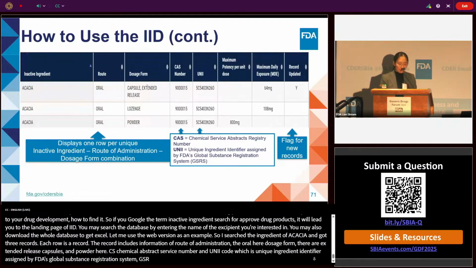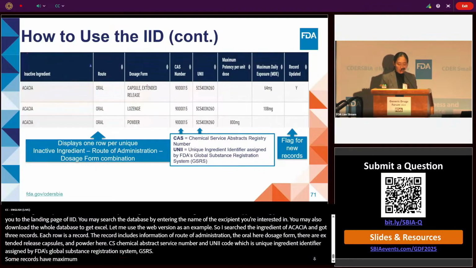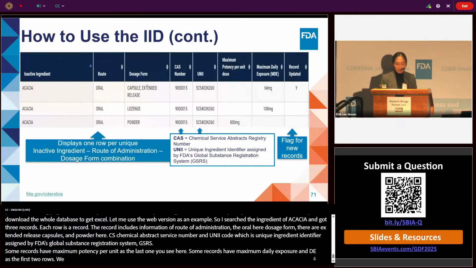Some records have maximum potency per unit, as the last one you see here. Some records have maximum daily exposure, MDE values, as in the first 2 rows. We generally use MDE values for safety evaluation of oral drug products.